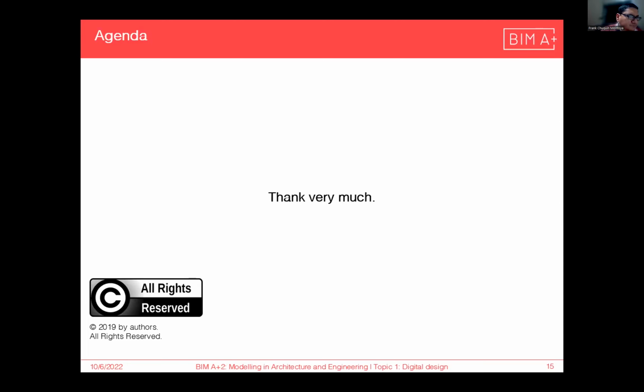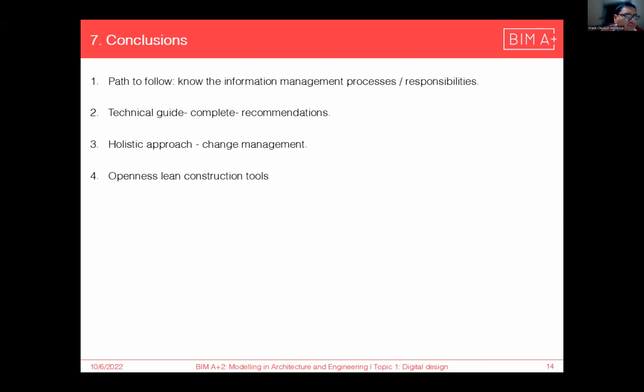So this last slide is related to the resource question, and it addressed the path the appointing party needs to follow for implementing BIM. It was found of relevant importance that this appointing party needs to know the information management process.